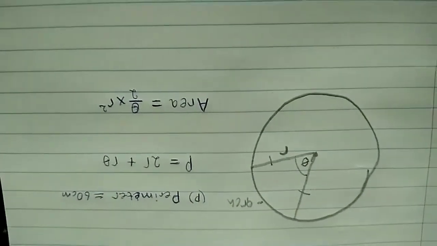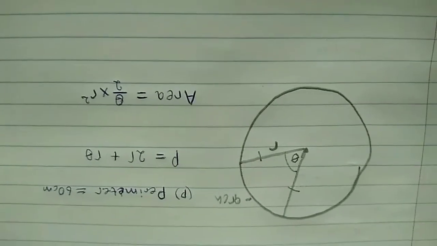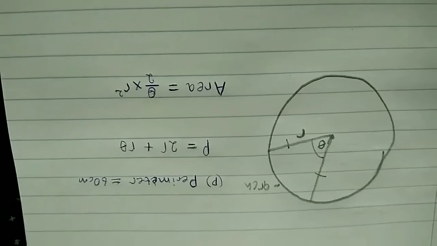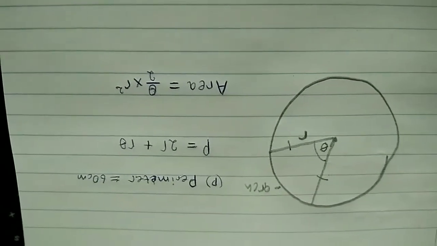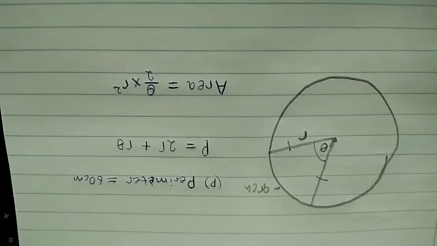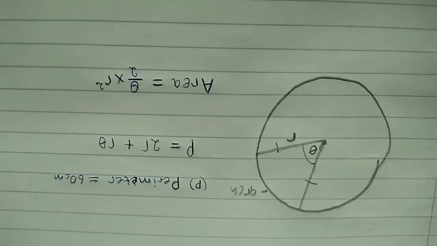As you can guess, we're also going to need the area. The area of a sector is half theta times the radius squared, the same angle which is in between the two radii in the sector.